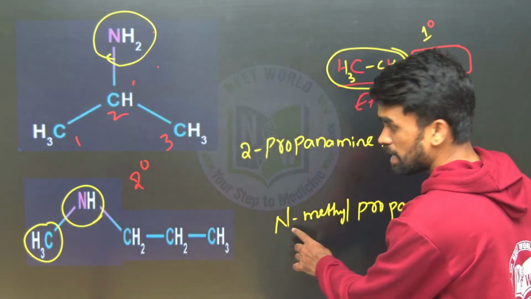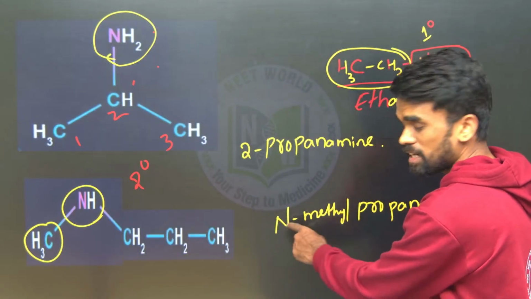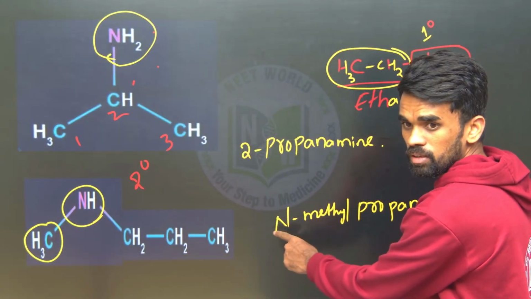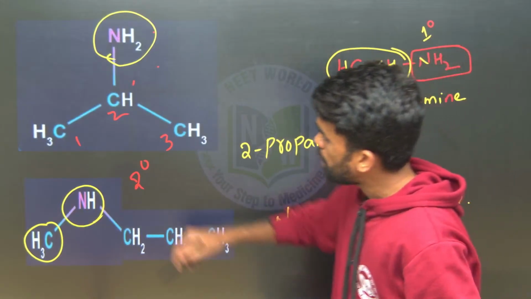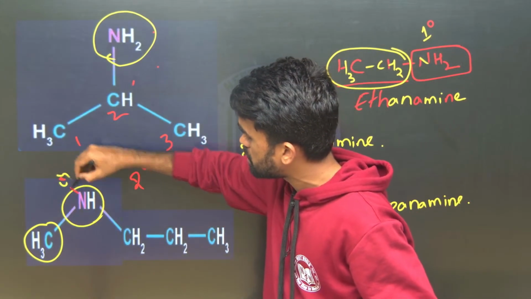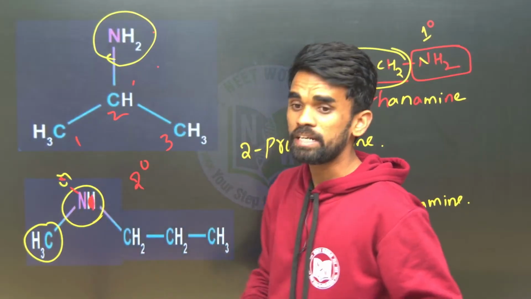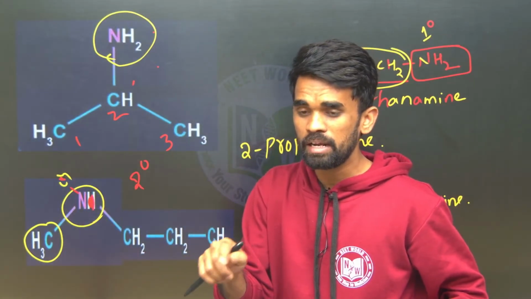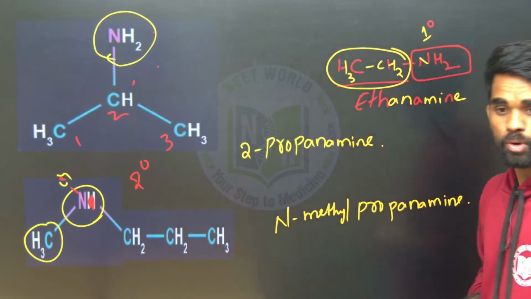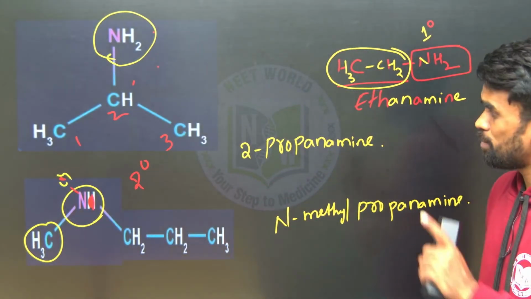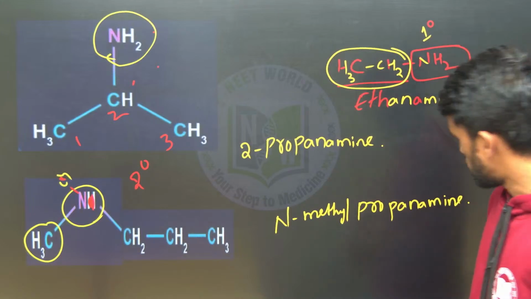This capital N indicates that this methyl group is connected to the nitrogen of the amine group. If two methyls are there, that becomes tertiary. You should write N comma N dimethyl, so N,N dimethyl propanamine. Is this clear? That will be in the case of tertiary amine.